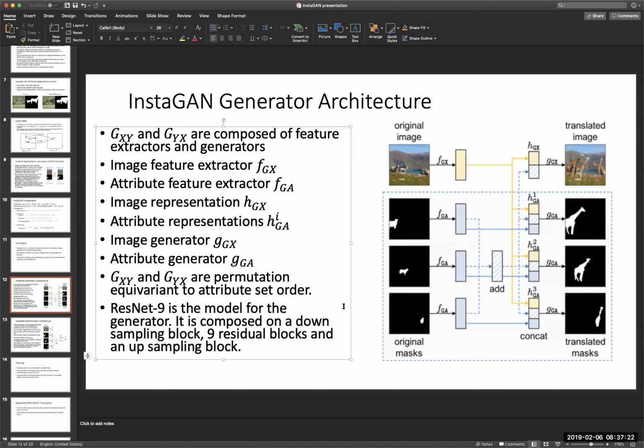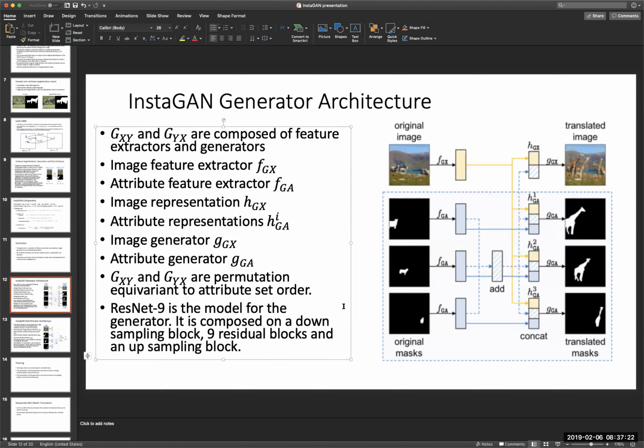So the components, we have the discriminator, the image feature extractor, FDX. Again, as before, it's this yellow block that takes the image and through this transformation FDX produces this vector.